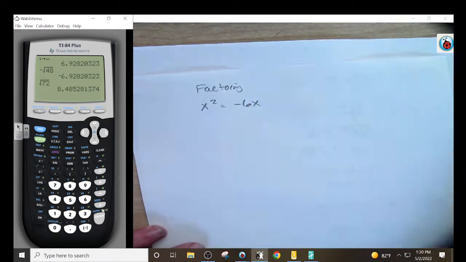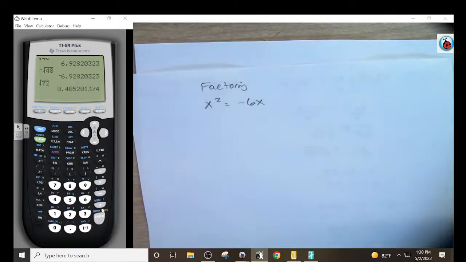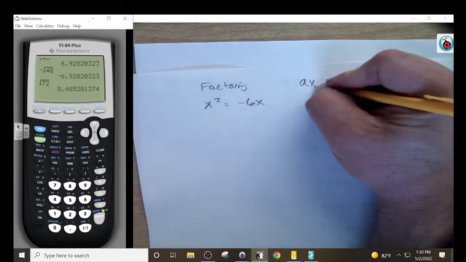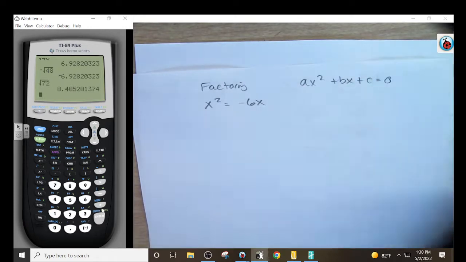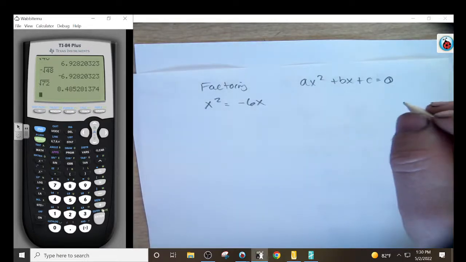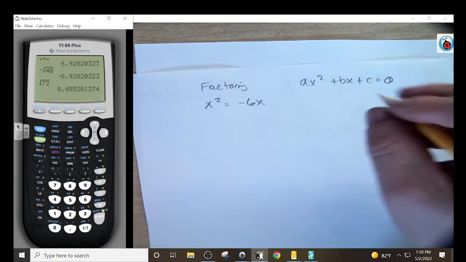All right. So, guys, if you're going to solve by factoring, you've got to get it in standard form. Okay, you have to get it in standard form. So, standard form means it's equal to 0, and it's in descending order according to the powers.